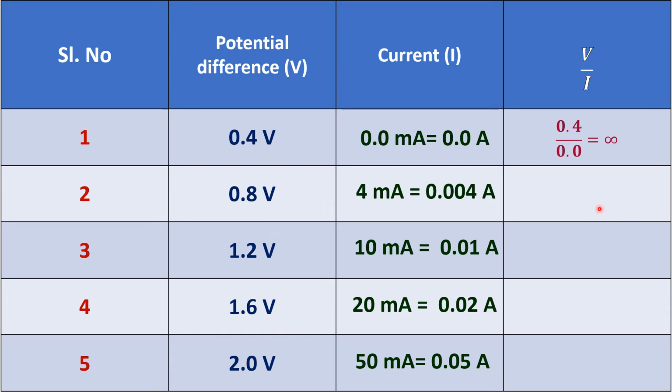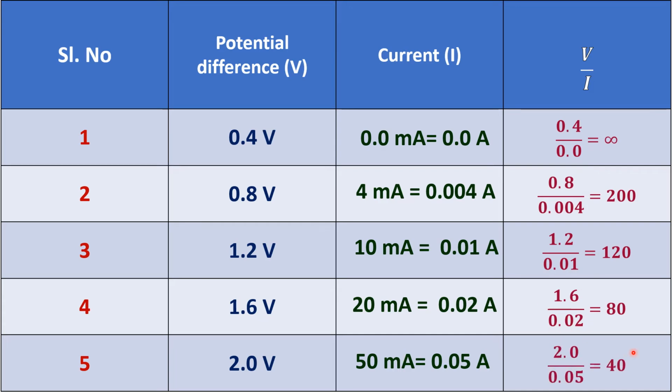Now the second case, when 0.8 volts potential difference is applied, 4 milliamperes current is flowing through it. 0.8 divided by 0.004 equal to 200 ohms. Like this, I am calculating the V by I value in each case.